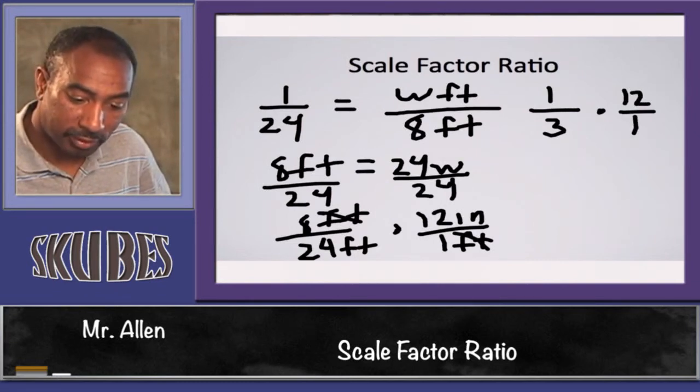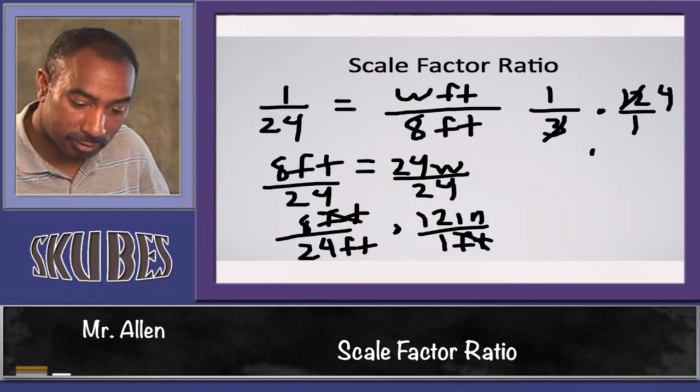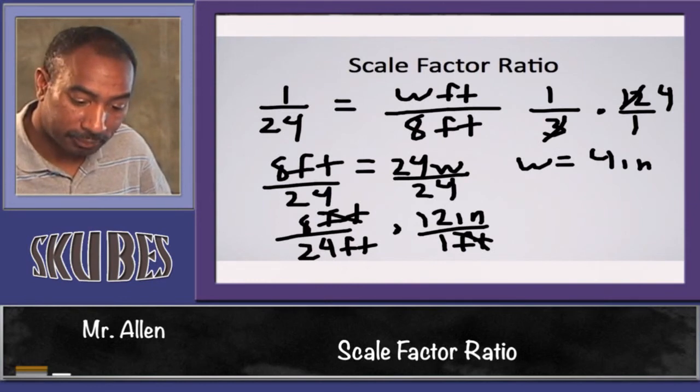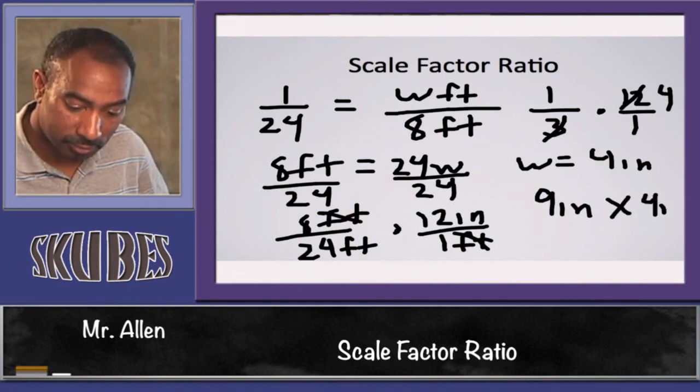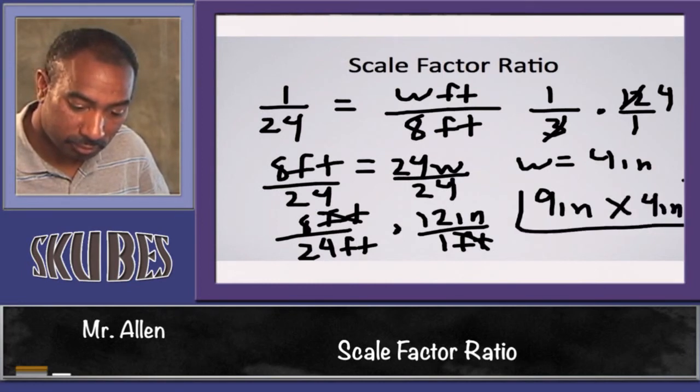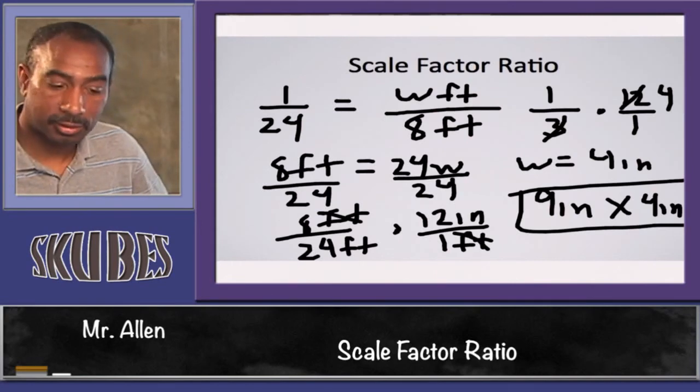So 3 divides into 12 4 times. So you're left with 4 inches is the width. So in inches, the car will be 9 inches by 4 inches. All right, this concludes our lesson on scale factor.